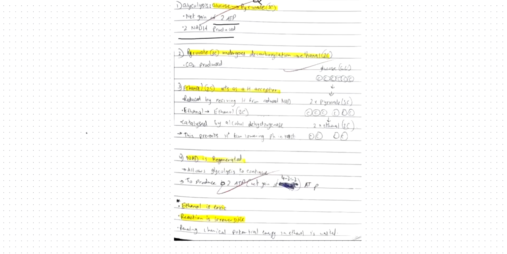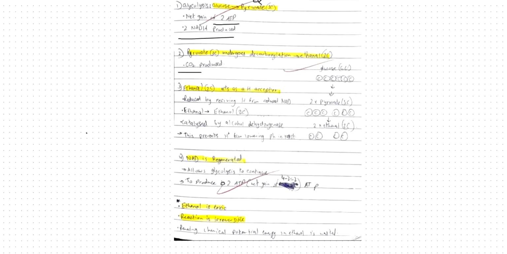So glycolysis makes two molecules of pyruvate from glucose, and you get 2 ATP in the process, and you also get 2 NADH. Now, this pyruvate will undergo decarboxylation.